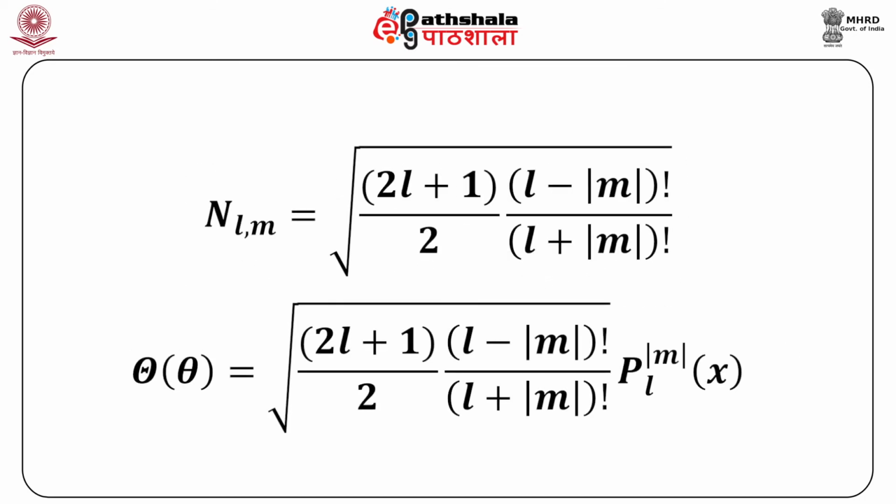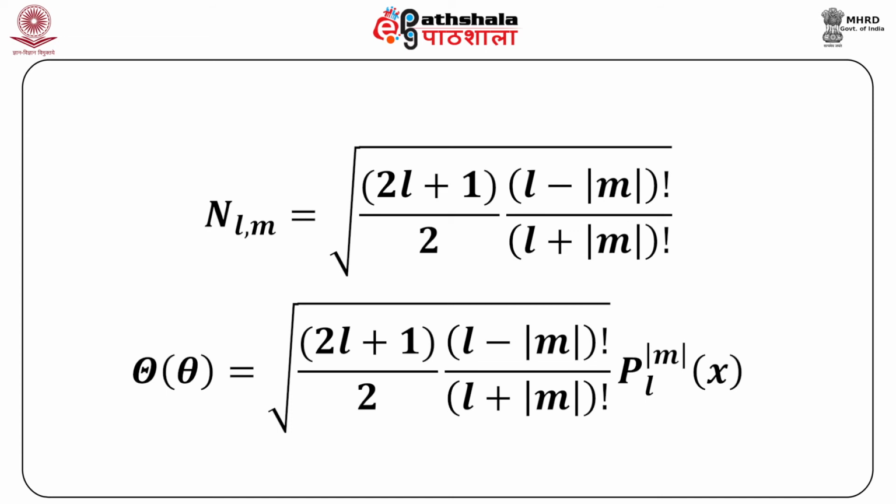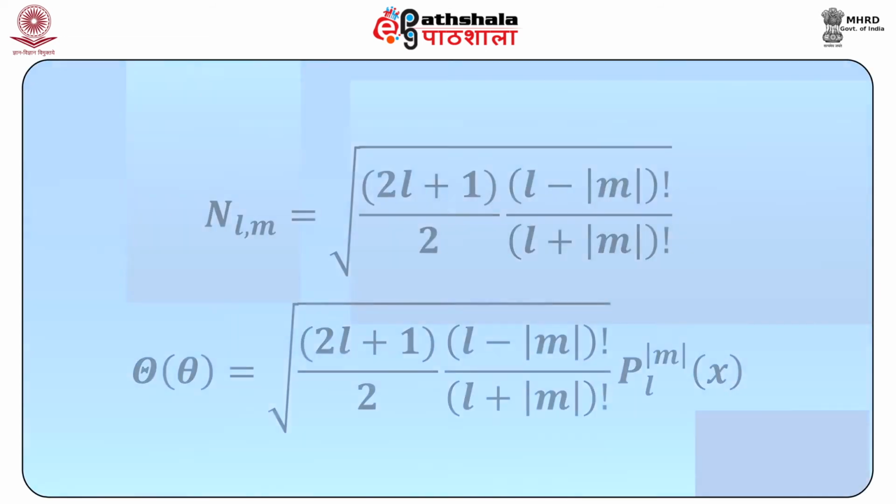If this normalization constant is calculated, it comes out to be the square root of (2L plus 1) upon 2, times (L minus |m|) factorial divided by (L plus |m|) factorial. And if we substitute it, then we have the final value of Theta(theta).